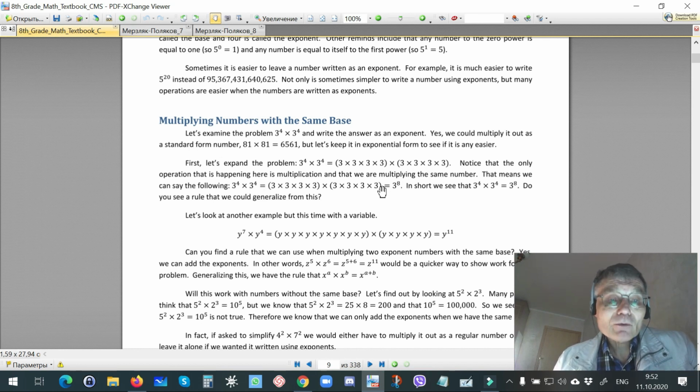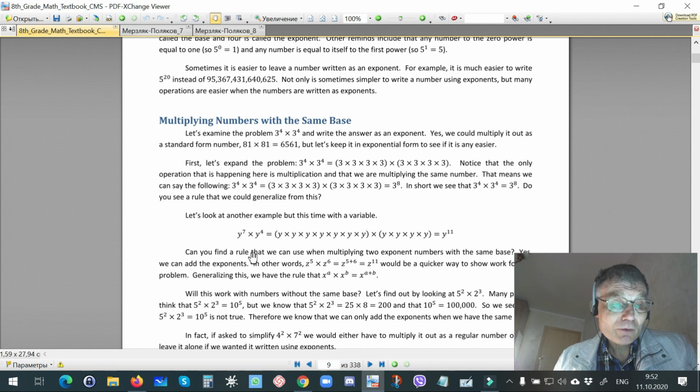And if you calculate how many 3's are there in our product, we find that there are 8 of them. So we see that 3 to the power of 4 multiplied by 3 to the power of 4 is 3 to the power of 8.